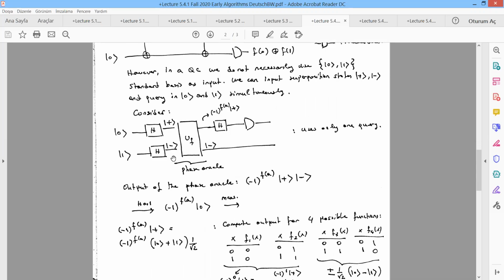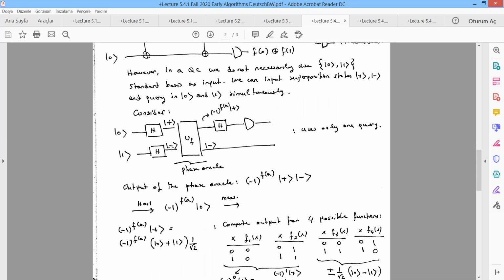This first stage is easy. Ket0 through the Hadamard operator is converted to ket plus, and ket1 is converted to ket minus. Now, since the ancilla bit is ket minus, this is a phase oracle.